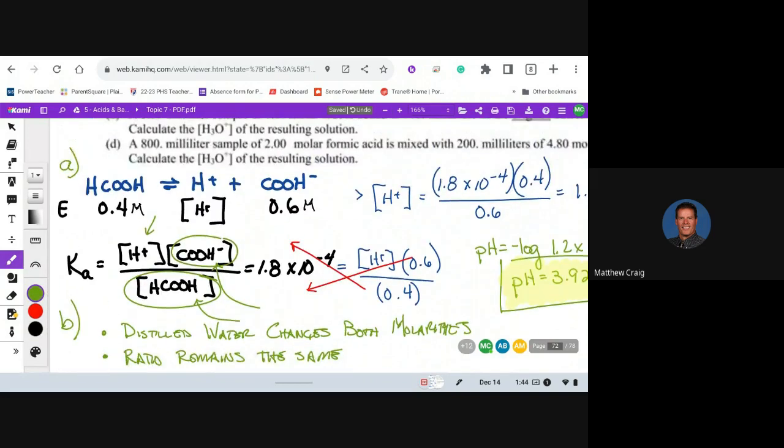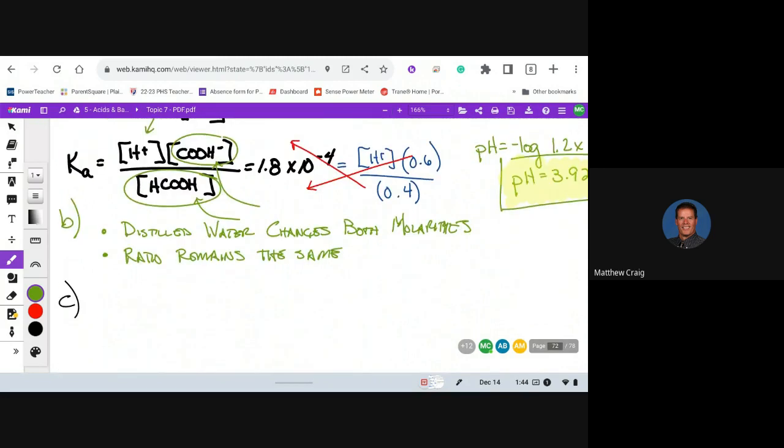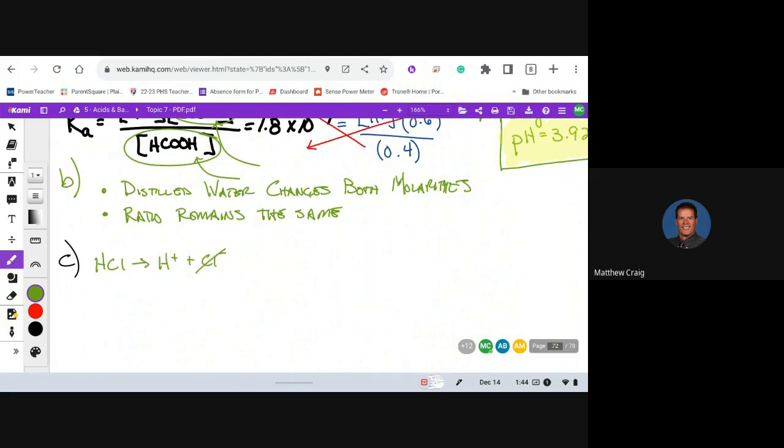We've got HCl, which is a strong acid, and that chlorine does nothing. So the hydrogen, we have 5 milliliters. 1 liter, 1,000 milliliters. 1 molar? Is that what I read? Yeah. Okay.